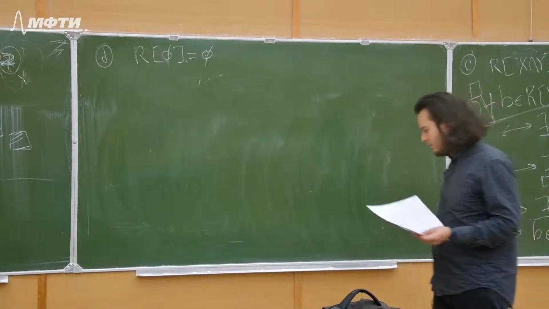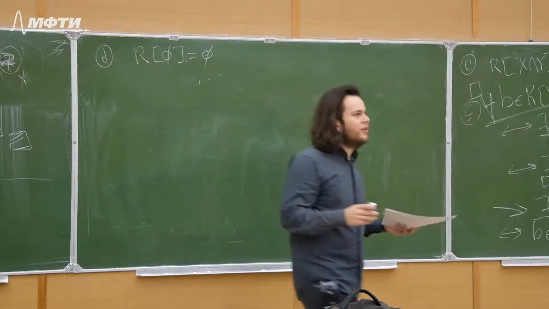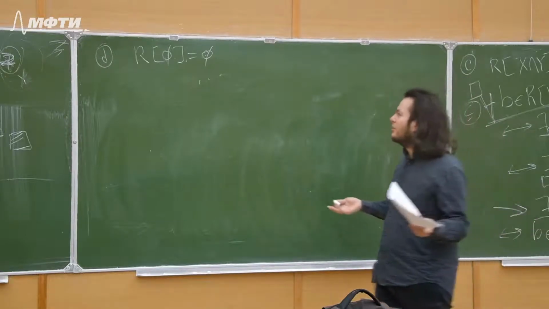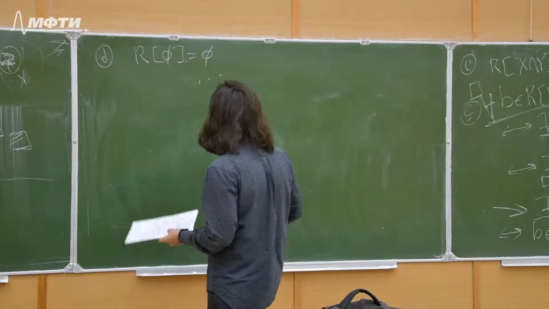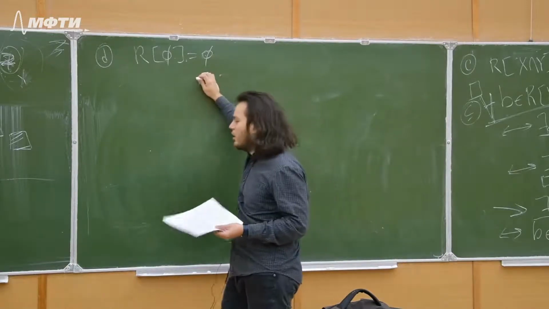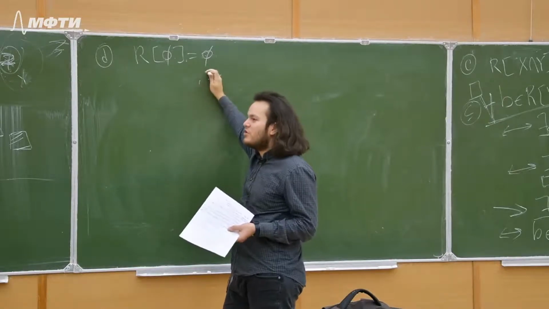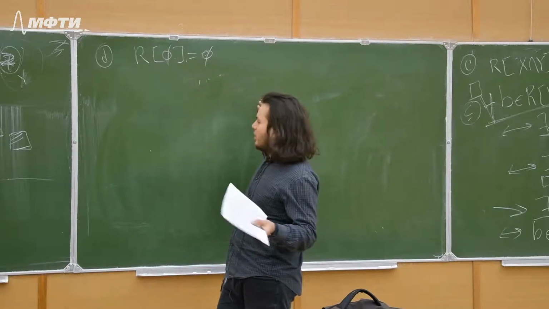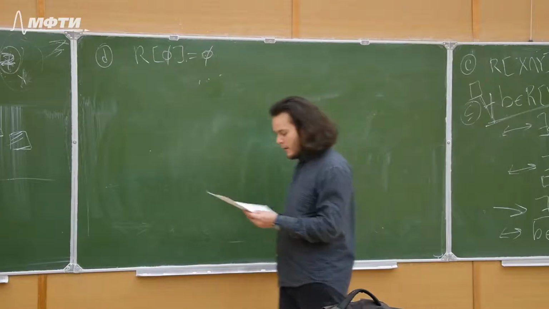Well, that's clear if you think about it. The image of the empty set, of course, is empty, but still, all we have to do is the same as when we prove this kind of thing. We need to get that there exists some element that belongs to the empty set, and then this is false, and since this is false, there's no element in this set. So it's empty.